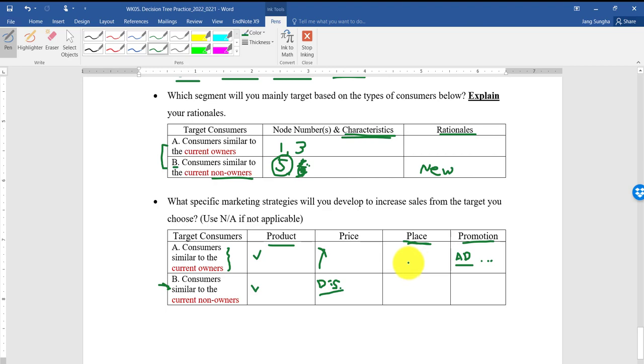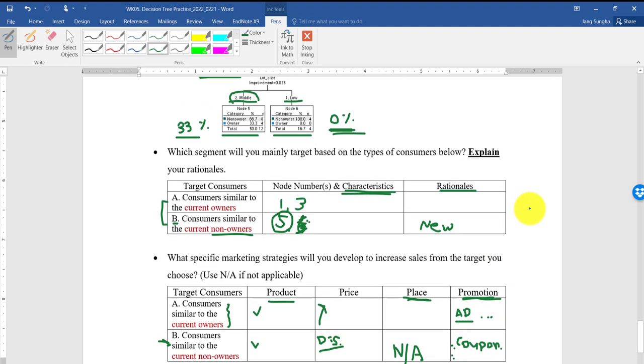Place, pretty much similar, or if you think there's no place strategy to be developed, then you can just say NA. Promotion-wise, maybe associated with price, you can issue some coupons because again their income levels are not that high, and then you can use word of mouth of the current owners, and then the potential customers might purchase my product, something like that.